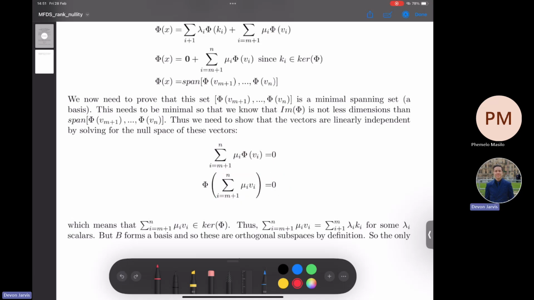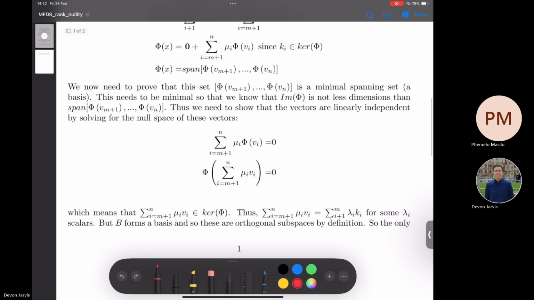For there to be a linear combination of these vectors such that they're not linearly independent, it means that they had to be in a space in our original space such that they get mapped to 0 in our new space. Sorry, I said that a little bit badly at the end there. But in other words, what this ultimately means is that these vectors constructed as a linear combination of our VIs must be in the kernel.